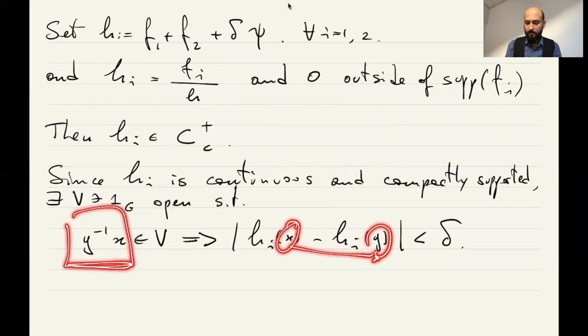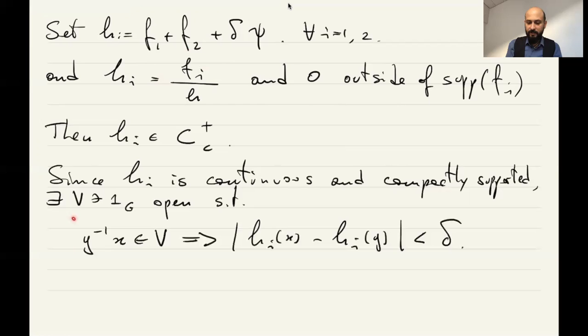In fact, if you take y, the number that you have to multiply on the right of y to get x is exactly this number here. So if you move it by this small quantity, then you get a small change of the value of the function. This is exactly uniform continuity. Okay, so this will be our V.